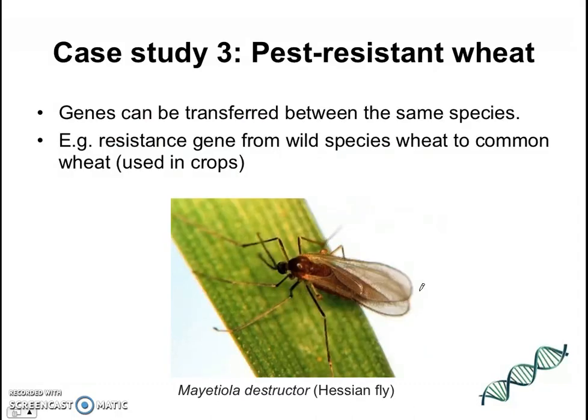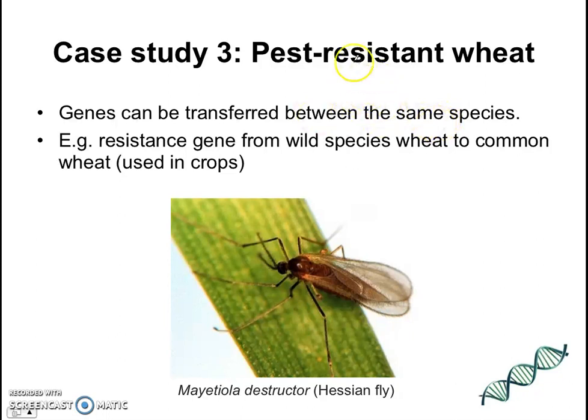Alright, another related case study also has to do with pest resistance. In this case, this is pest resistance wheat. And why this example is helpful is because it helps us see that genes can also be transferred between the same species. In the case of BT corn, genes were transferred between two different species, right? We're transferring from a bacteria to a corn plant.